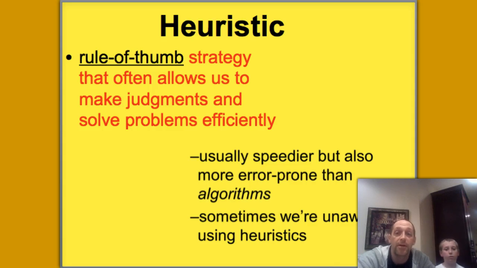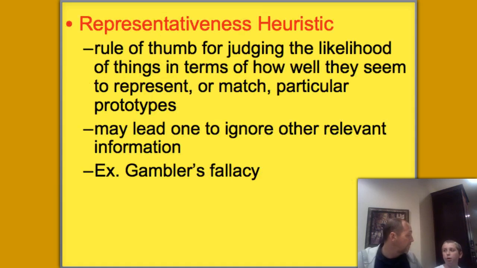Usually speedier, but more error prone, and sometimes we're unaware of using heuristics because we use them all the time. Both algorithms and heuristics are solving things. Algorithms do it one way, heuristics do it faster, but you're more error prone, and I'll explain why.